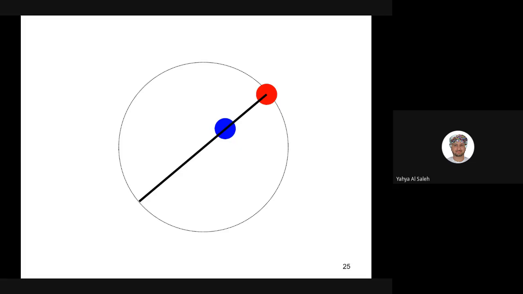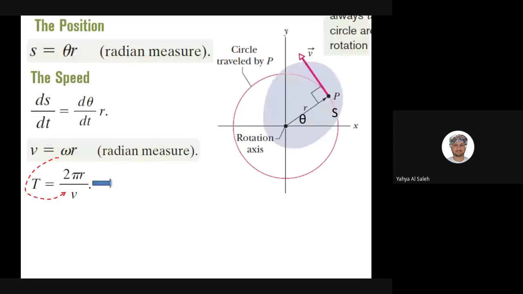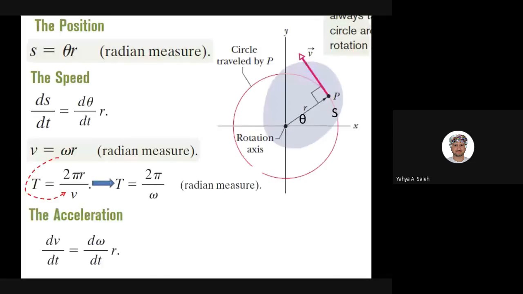So we do some translations. Position: we have already said theta equals s over r, so my distance moved is s equals theta times r. Speed: v equals omega r.